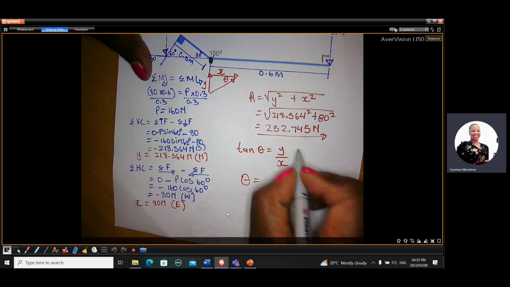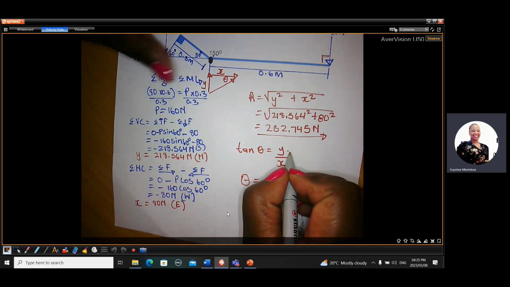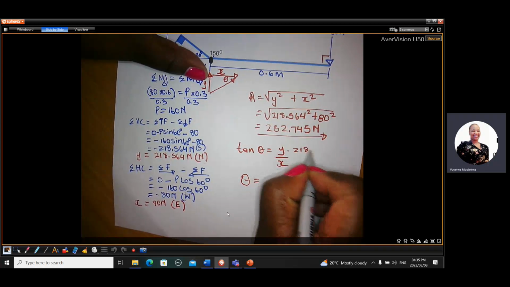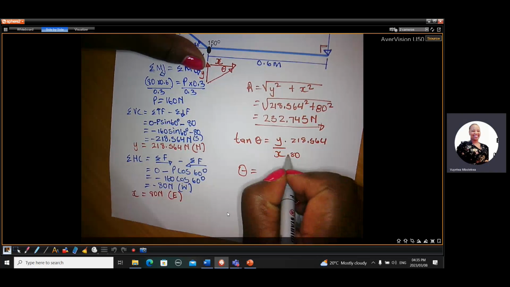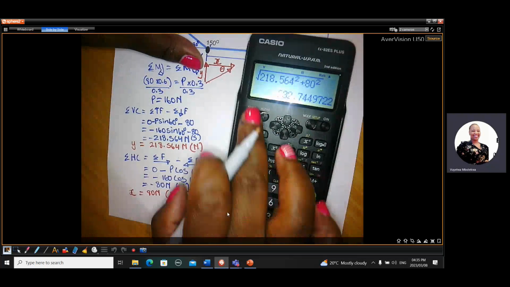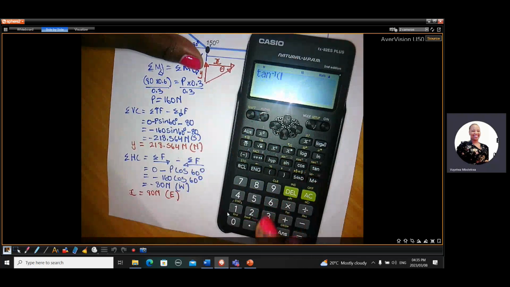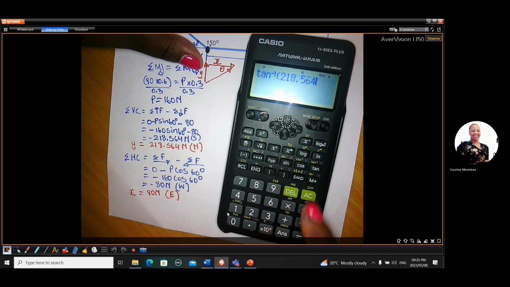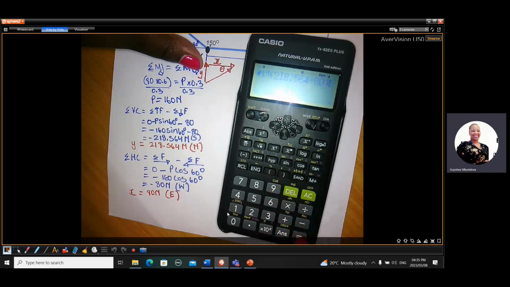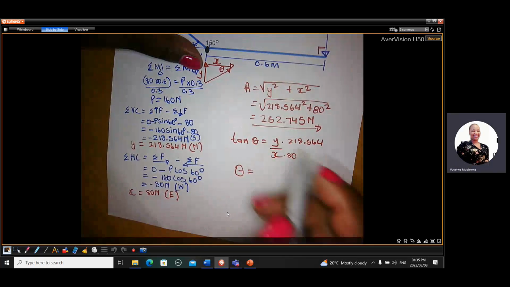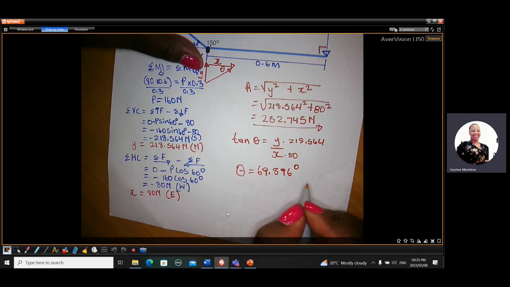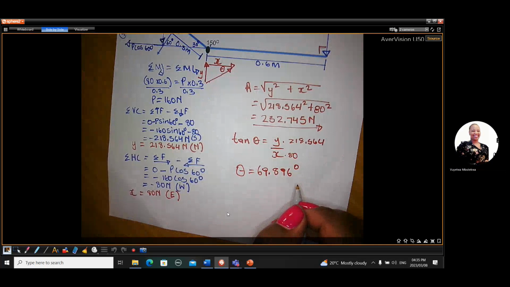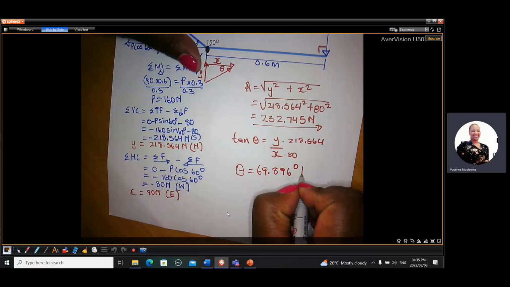Therefore, theta is inverse tan of the Y, 218.564, divided by the X, 80. It gives us an angle of 69.896 degrees. So that is north of east.